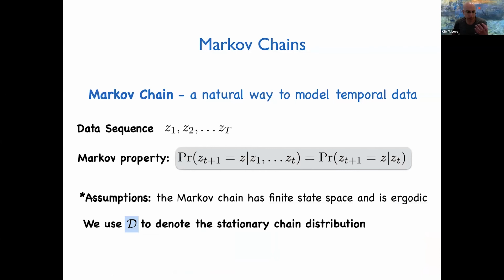We also make some technical assumptions about the Markov chain: that there is a stationary distribution, denoted D, to which the distribution of the data converges after enough time.